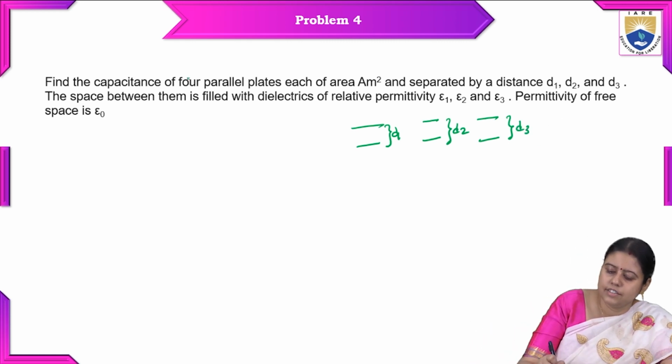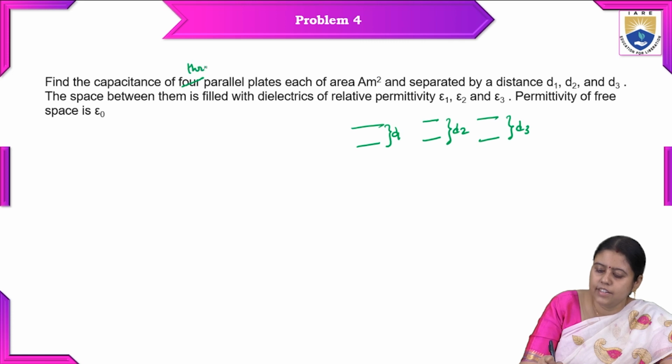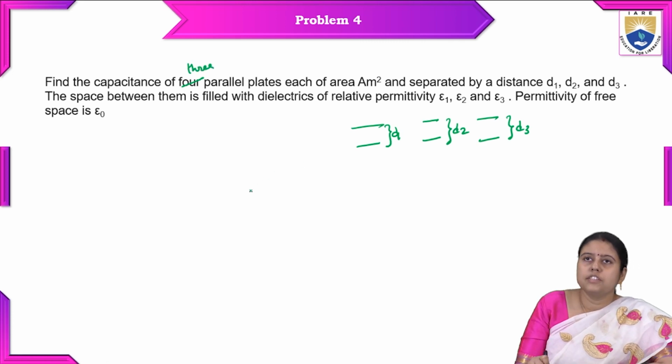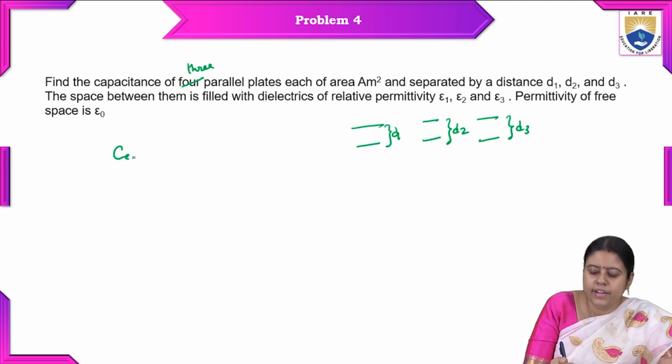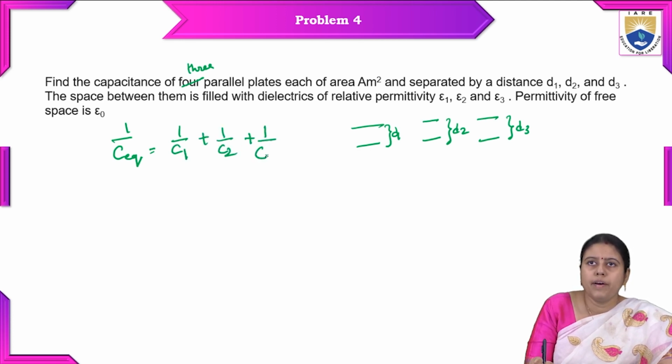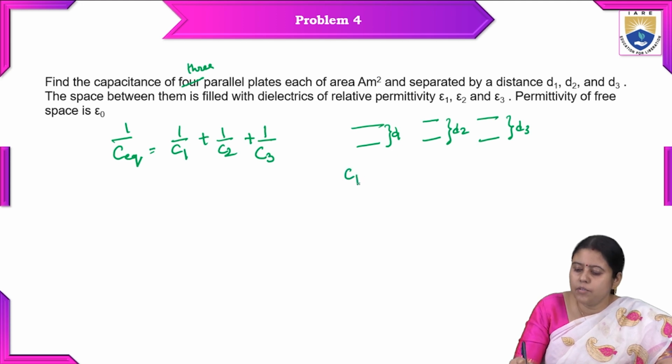The question is a little different. It is 3 parallel plates, so 3 are in combination. So what is the equivalent? We know 1 by CEQ is equal to 1 by C1 plus 1 by C2 plus 1 by C3. What is C1?